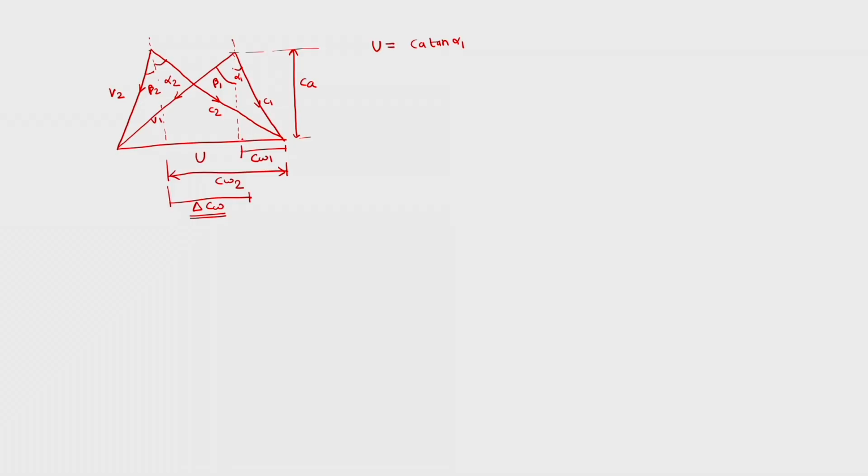CA tan alpha 1 is this length, which is CW, plus CA tan beta 1, which is the rest of the length for the U. So U upon CA is equal to tan alpha 1 plus tan beta 1. This is from the inlet velocity triangle, and we would name it as equation number 1.